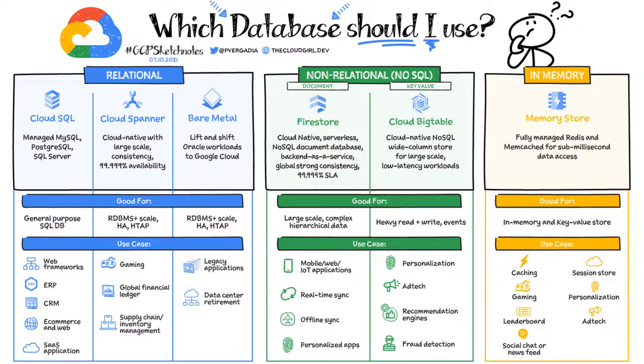She has a book that has all the sketch notes, and they are also available on GitHub for free. So please check them, and they are going to be helpful to choose between relational, non-relational, which relational or which non-relational table. As you can see here, the difference between Cloud Bigtable and Firestore, then the difference between Bare Metal, Cloud Spanner, and Cloud SQL.